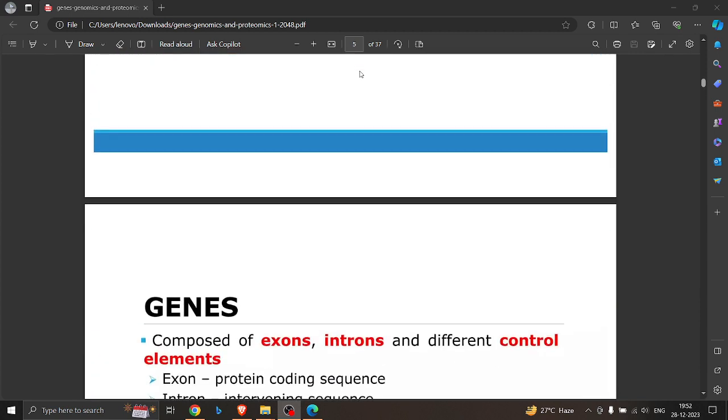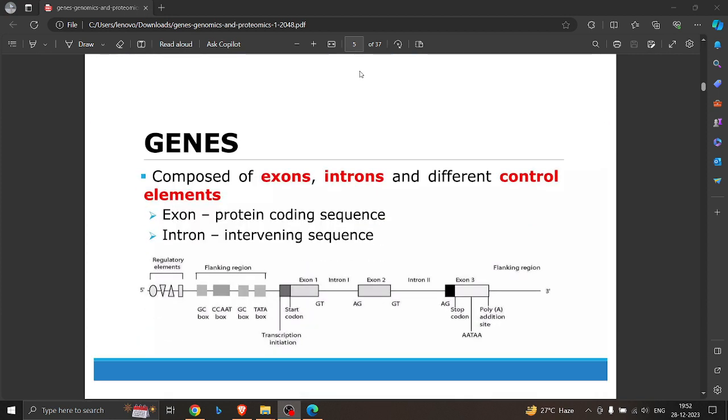Let us go to this slide. If you see here, exon is the protein coding sequence, intron is the intervening sequence.